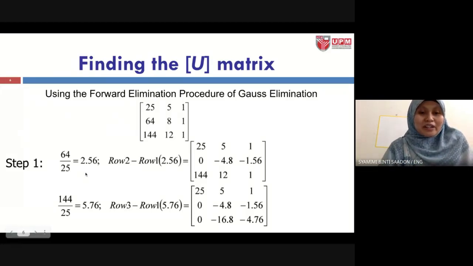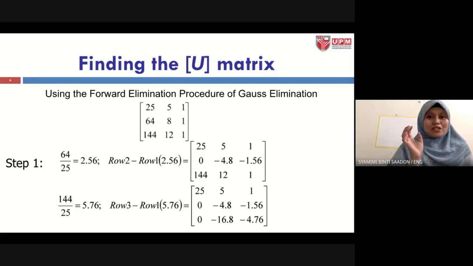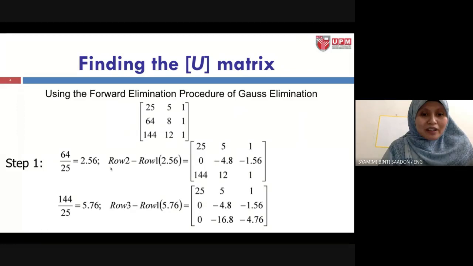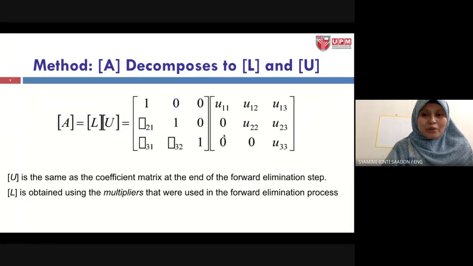So to find L, the lower matrix, as usual, you use Gauss elimination, like when you solve a system of linear equations. I think you are already familiar with this in Maths 1.